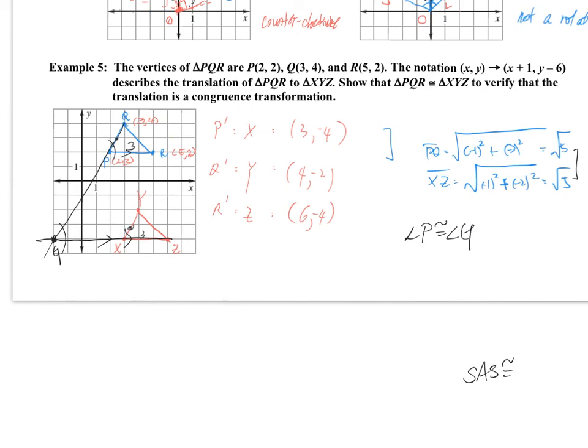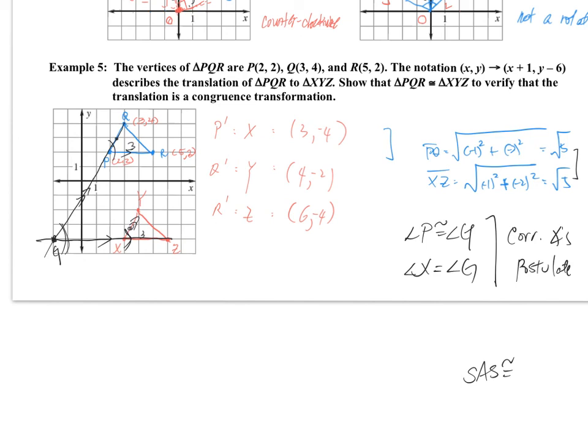And the other pair will be from here. GPQ is parallel to XY. And that would tell me that angle X is congruent to angle G. So I'm going to write that. Angle X is congruent to angle G. So our reason would be the corresponding angles postulate.